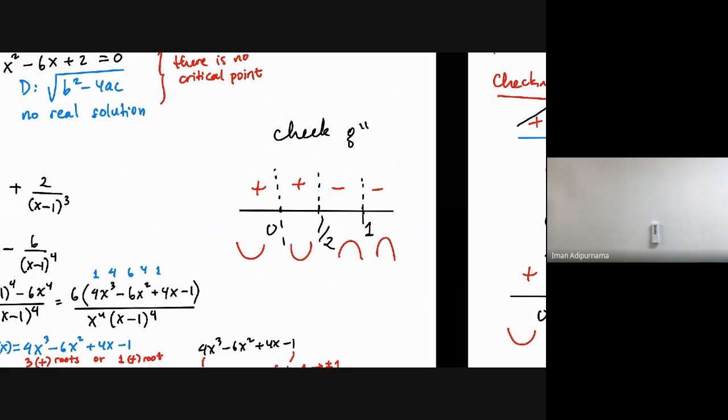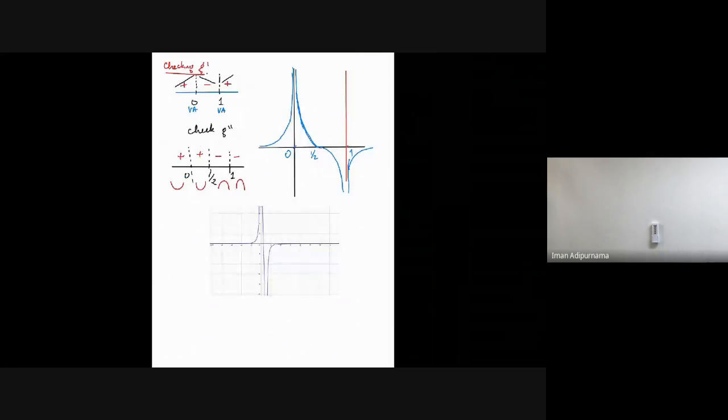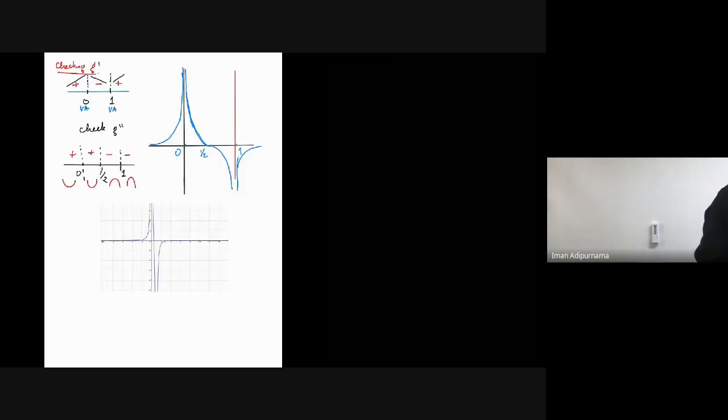Okay, so we conclude that this is our graph. And we can actually draw the graph through calculus. Okay? And this is with the calculator graph. It's not too noticeable at the half here, but if you zoom in, you will see a slight inflection.